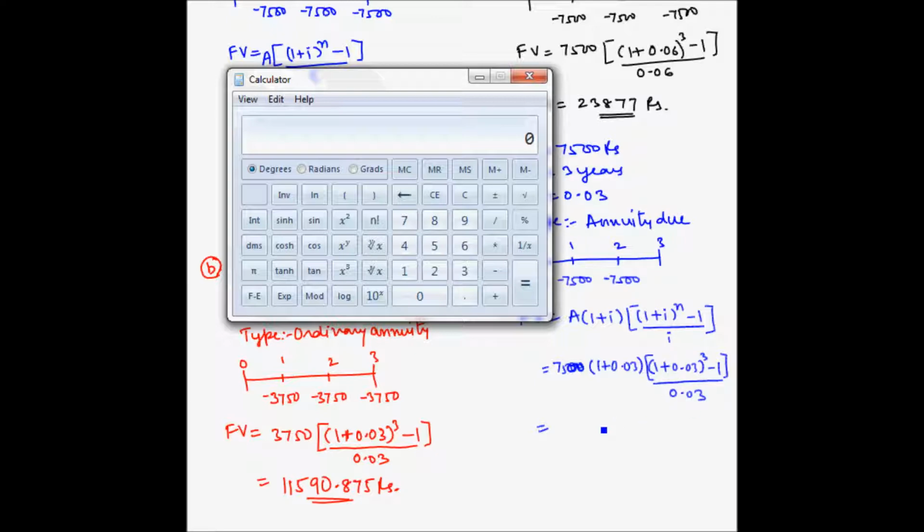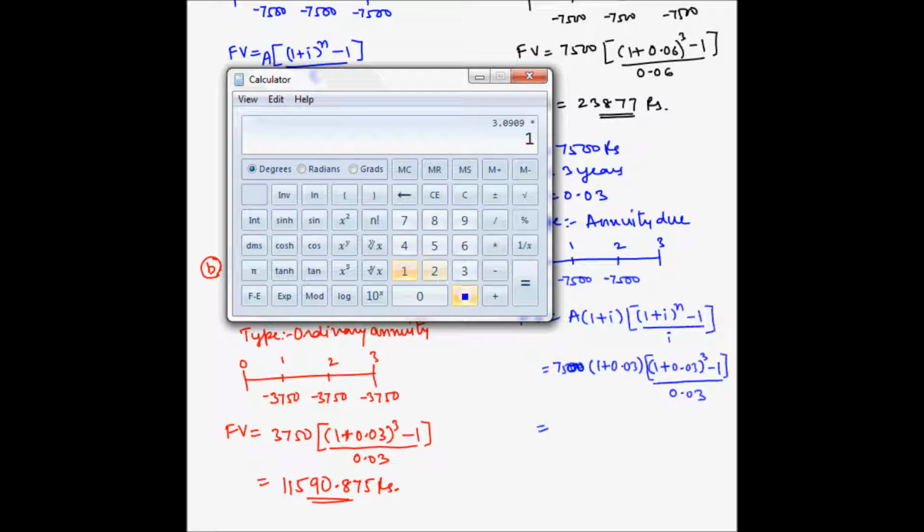So 1.03 cube minus 1, divided by 0.03, multiplied by, now this bracket will also become 1.03.